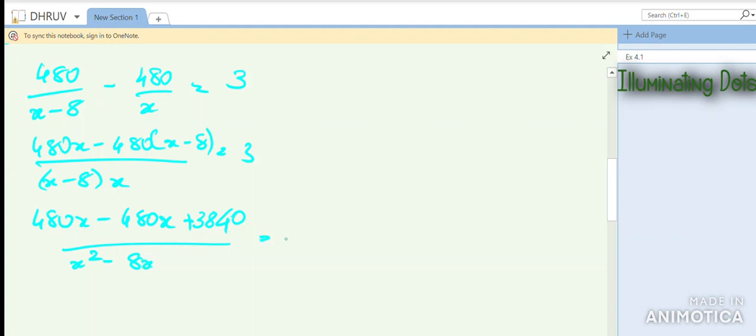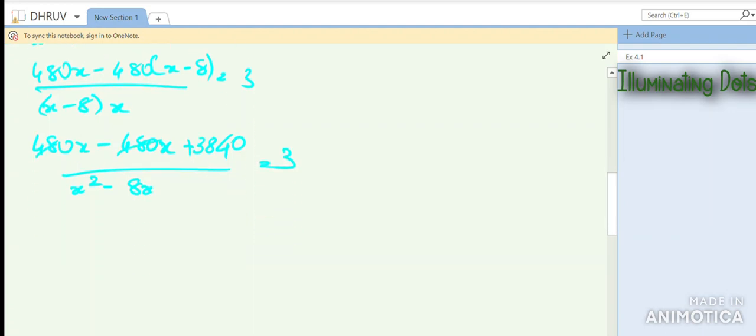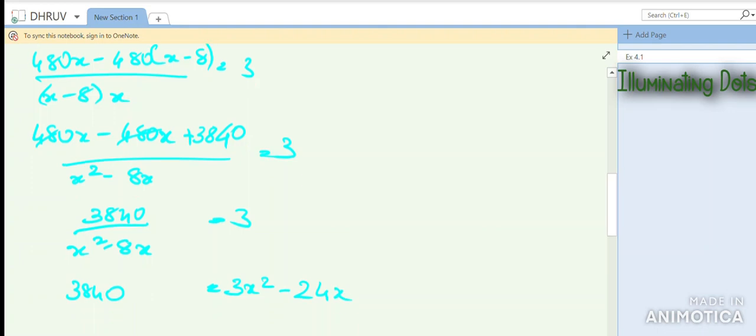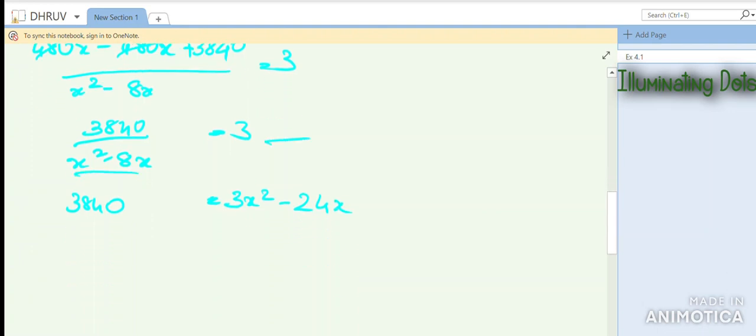The 480x and minus 480x get cancelled. Now we are left with 3840 upon x square minus 8x is equal to 3. Therefore 3840 is equal to 3x square minus 24x. I skipped a step, it became from division to multiplication. So we have 3x square minus 24x minus 3840 is equal to 0.